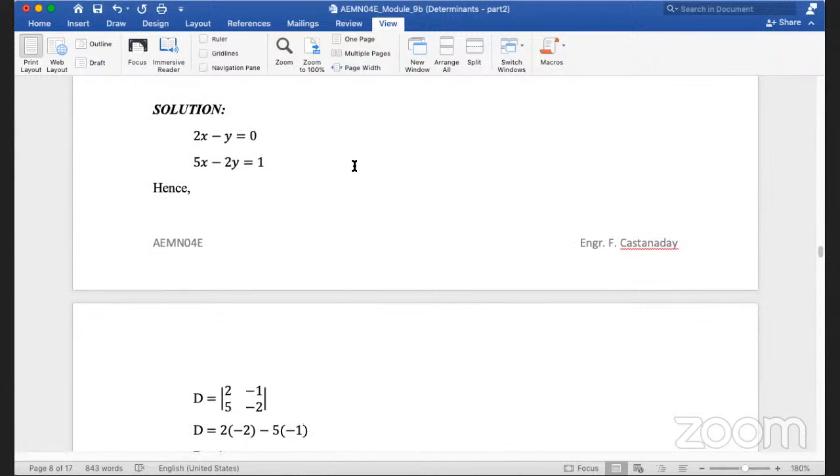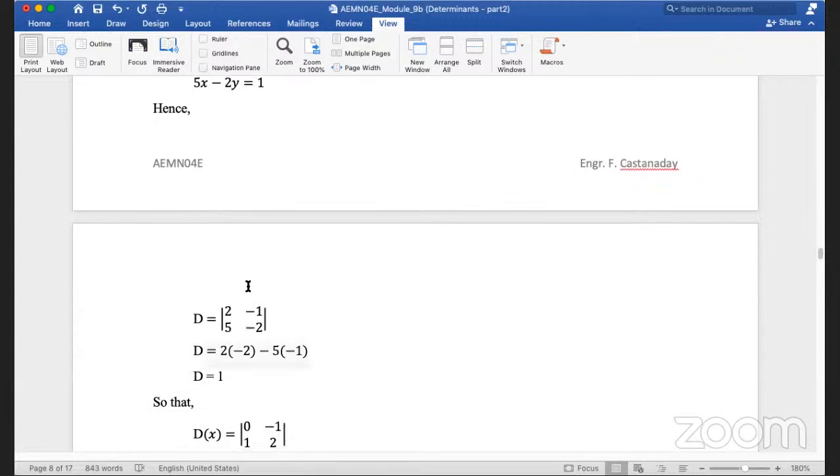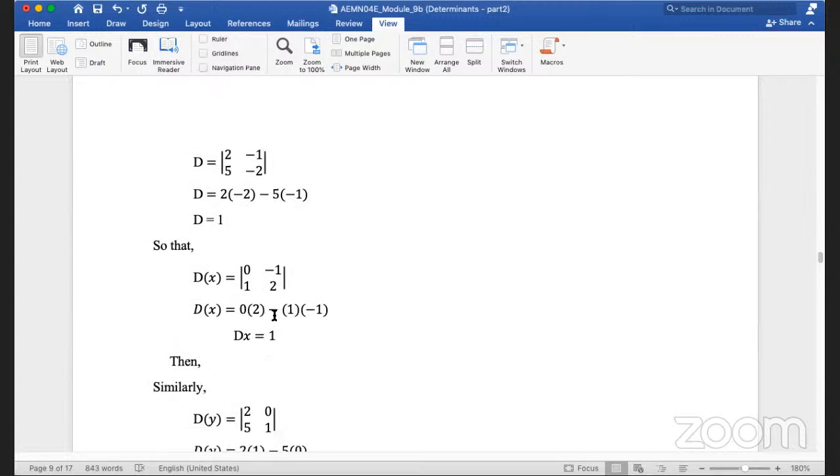So what we did, we formed the coefficient matrix, and the coefficient matrix will be used to obtain the determinant D.